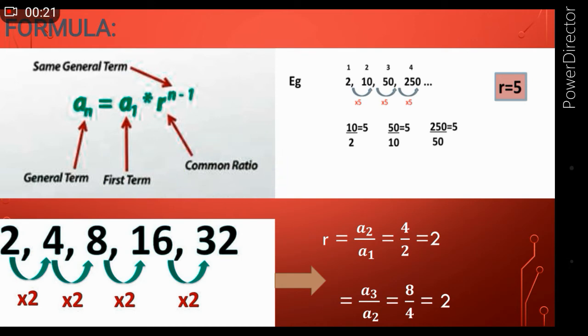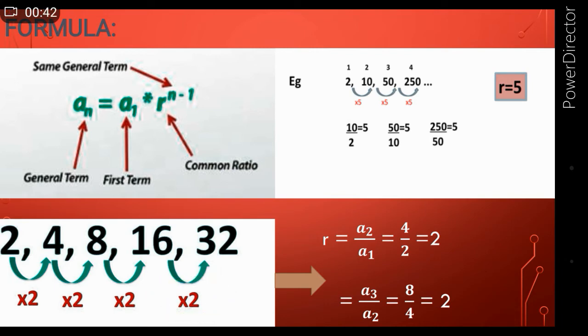Now here are some examples. This is a sequence 2, 4, 8, 16, 32. This is a geometric sequence. Why is this a geometric sequence? Because each term is obtained by multiplying by a common ratio r, which is 2.